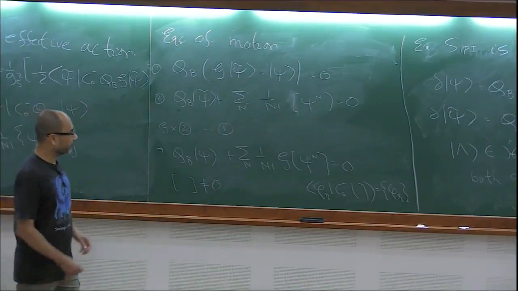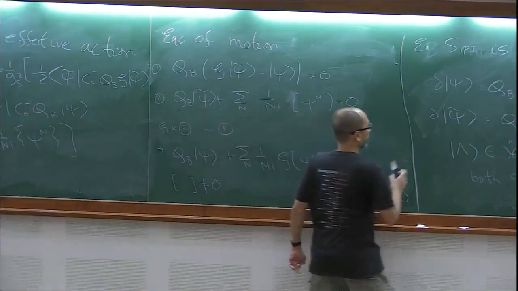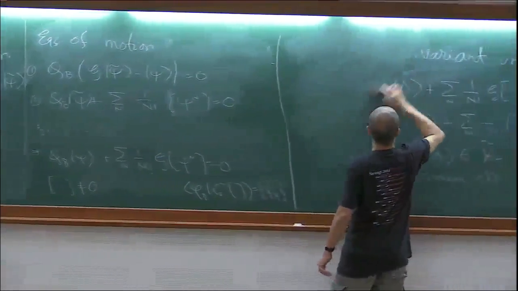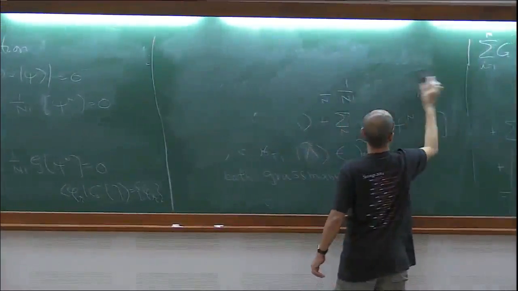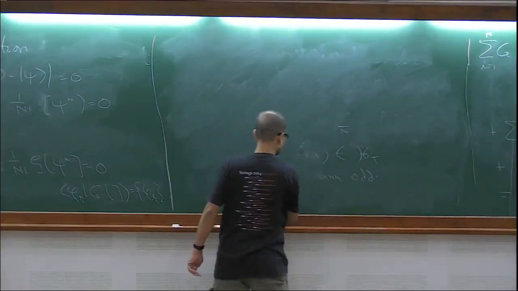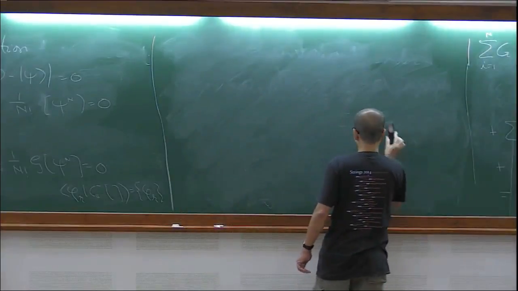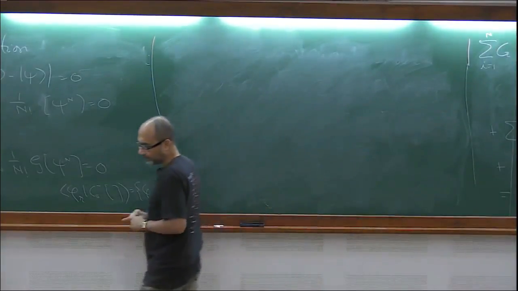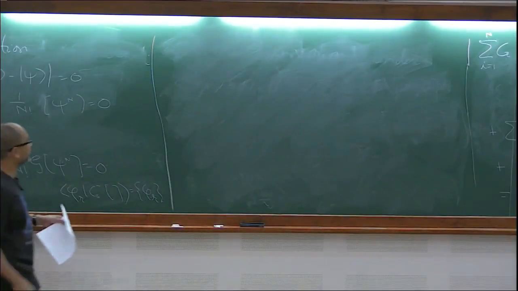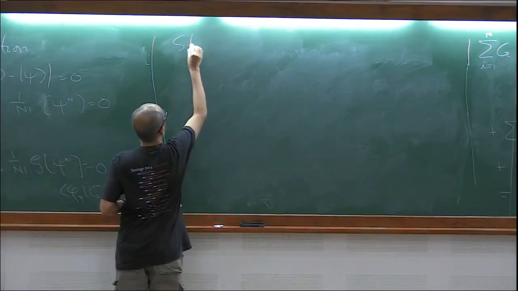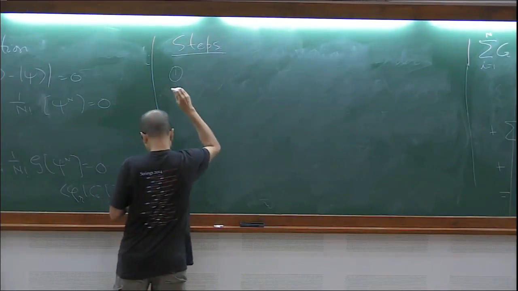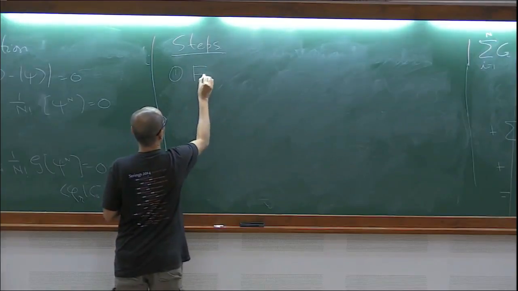So the correct procedure will be to expand around the vacuum expectation value which satisfies the equation of motion. So what we need to do, and this is what we'll do next time carefully, is to find a vacuum solution.